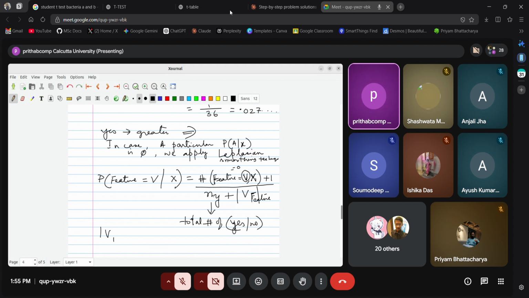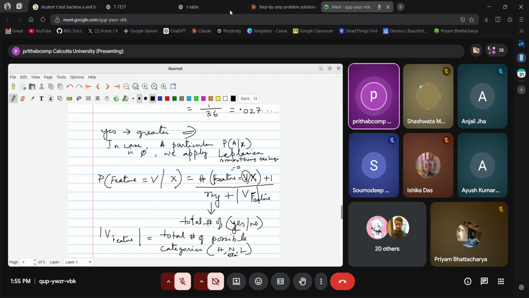And the cardinality of the v feature is nothing but the total number of possible categories, meaning in this case high, normal, and low. So if there are 3 categories, then it is going to be that 3. So this is how you can avoid something becoming 0 and giving a wrong interpretation of this classification problem.